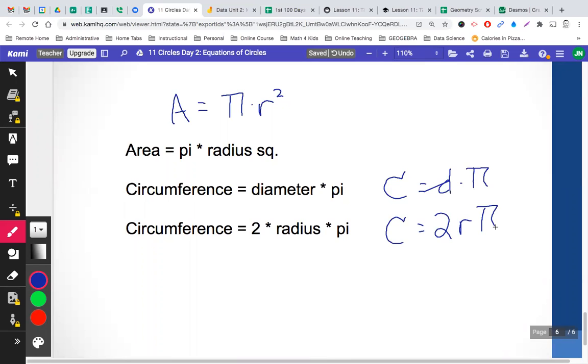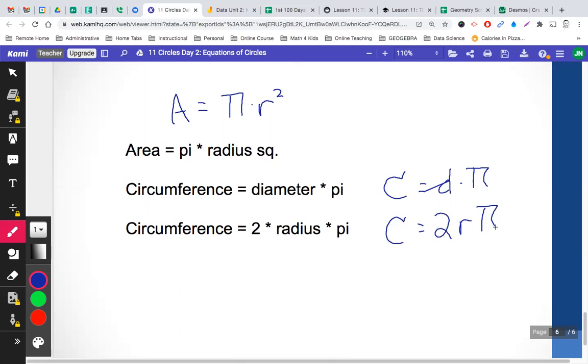There are a couple questions that ask you to kind of work backwards. They say, given the circumference equals this, what is the radius? Or given the area equals this, tell me what the radius is, or tell me what the circumference is.